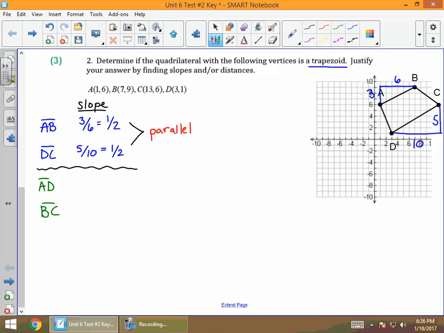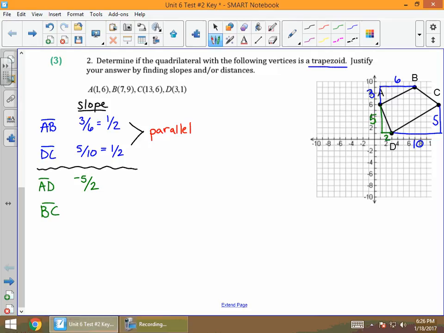All right, from A to D, the rise goes down 1, 2, 3, 4, down 5. It goes to the right 2. So A to D, it goes down 5, which is -5. It goes right 2, which is +2. And that does not simplify. It's just -5/2.